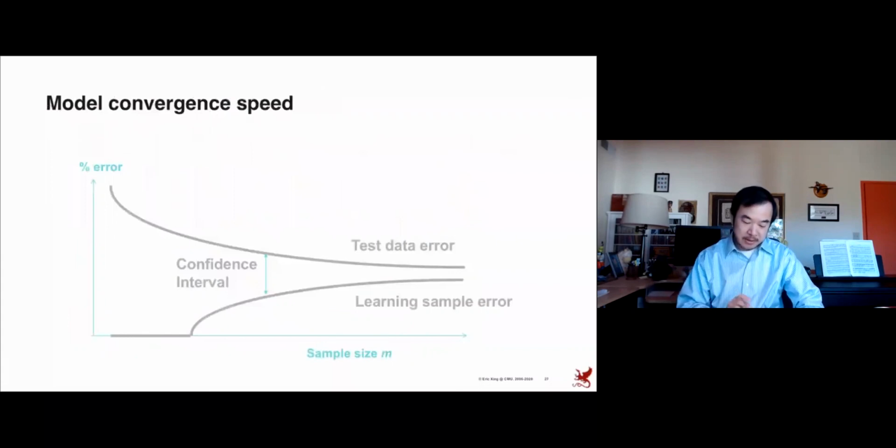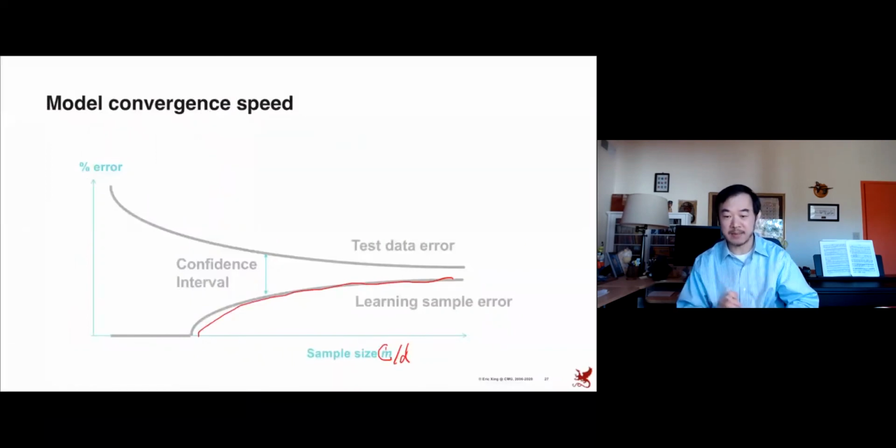You can see that this word convergence speed still appeared in here. It basically says what the shape of this curve looks like in terms of its dependencies on M and now also on D. Once D is put in place, you don't actually see this curve anymore. You may see a much nicer behaving straight line to give you a better sense of speed.